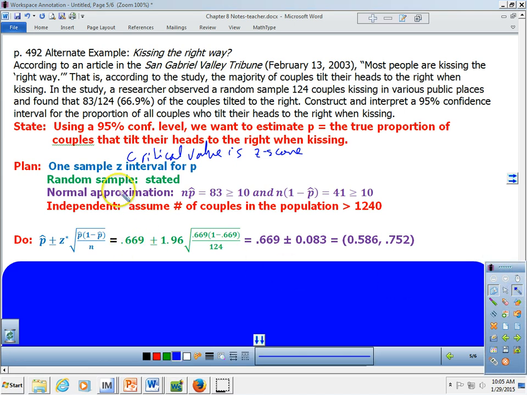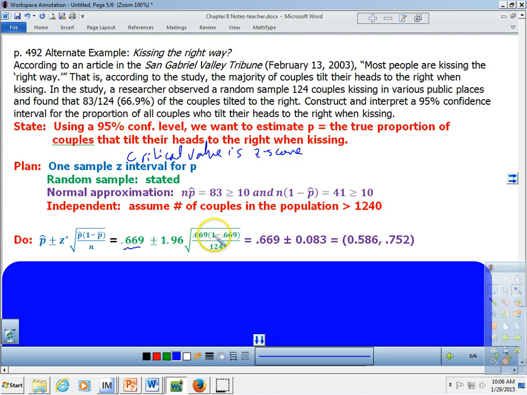So our point estimate, our p hat, is 0.669. So it comes from here. And then our critical value comes from our confidence level, so 95%. If you need a reminder of where the 1.96 comes from, come see me and we'll talk back through it again. But your critical value is always going to be 1.96 for a 95% confidence level.